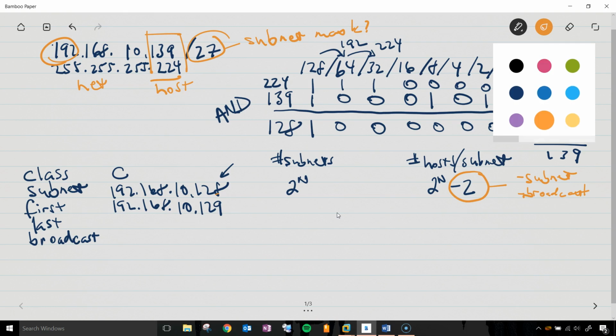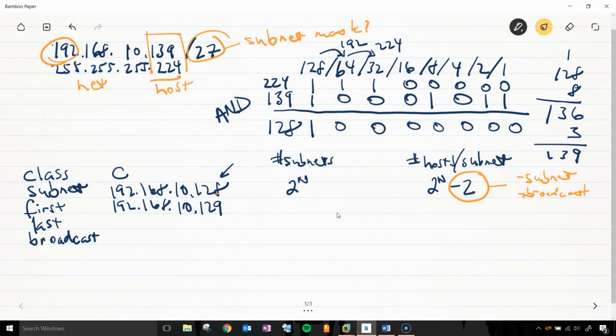Okay, so for the number of subnets, the n in 2 to the power of n is the number of ones borrowed in the subnet mask, the network portion, this section right here. Okay, how do we know that? We know because this is a Class C address.